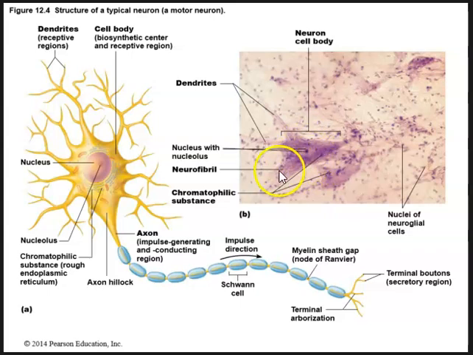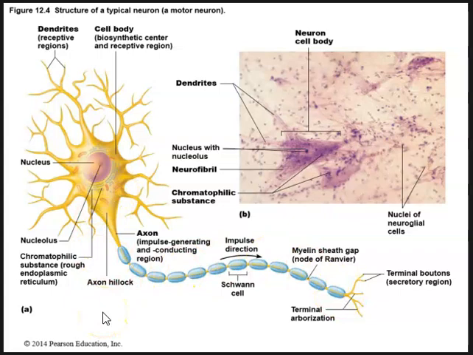We can see some strands of fibers, which are the neurofibrils, and then the shorter branches being the dendrites. And sometimes, if we're lucky, we can see one really long axon coming off of the cell body.